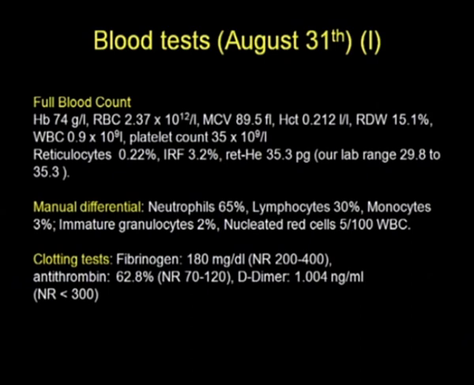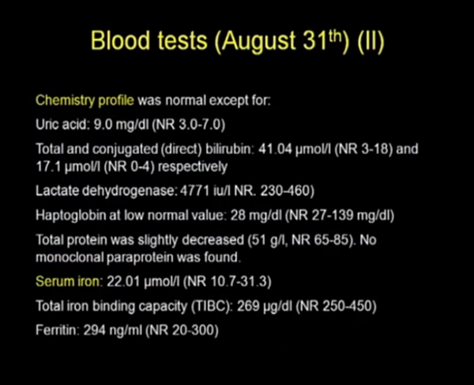This was the differential. In the clotting tests, we have normal fibrinogen, a slightly decreased antithrombin, while we have a very increased D-dimer value. The normal range is less than 300.